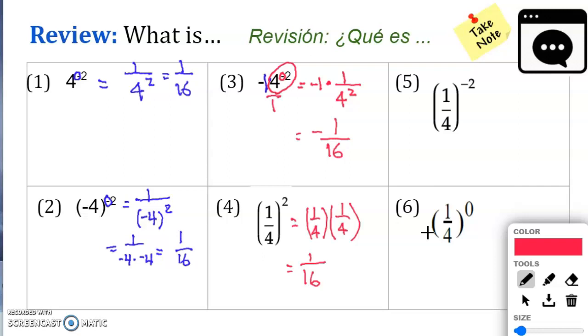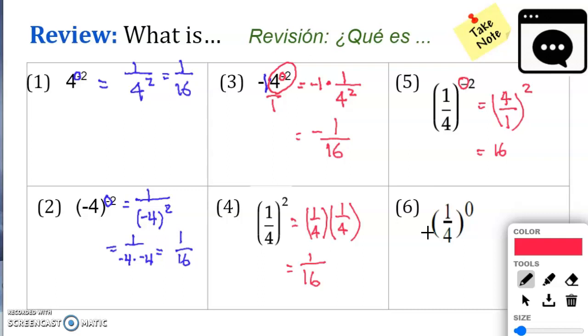So again, to get rid of this negative exponent, you can flip the fraction. That becomes 4 over 1, which is the same as just 4, and then raised to the power of 2. So putting it as 1 over is the same as flipping the fraction. That just becomes 4 squared, which is 16. 16 divided by 1 is the same as 16. So the final answer is 16.